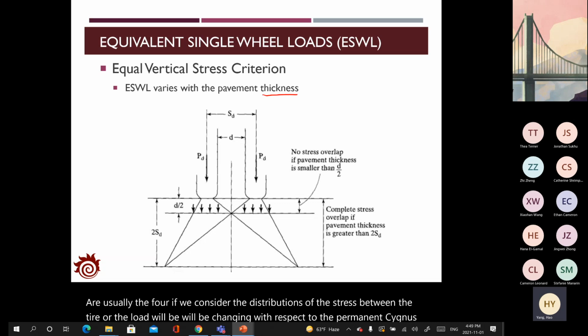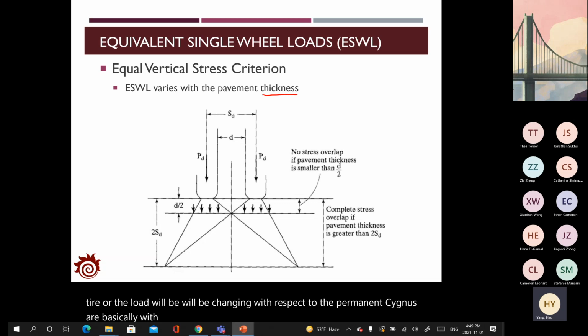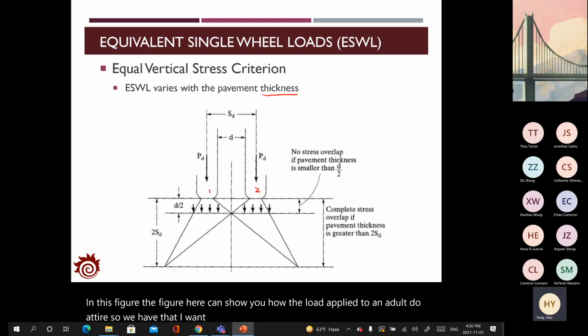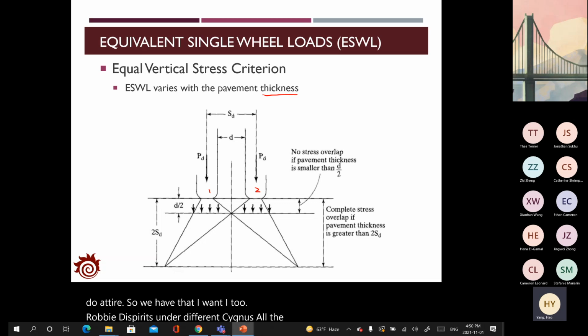Basically, with a greater thickness, the stress will be smaller because it is distributed over a larger region. The figure here shows how the load applied to the dual tire, tire 1 and tire 2, will be distributed under different thicknesses of the pavement.